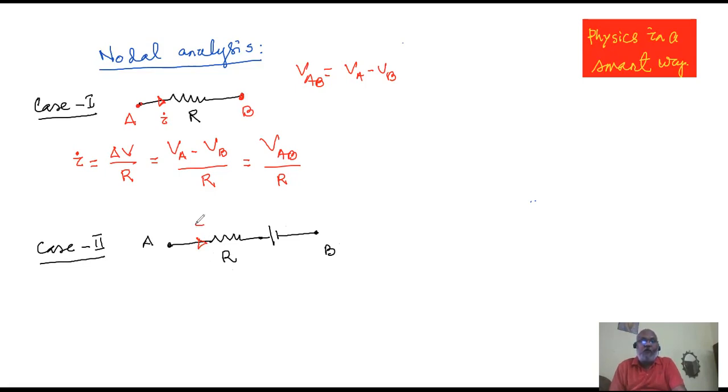Current is flowing from A to B. The battery has an EMF, and the EMF of the battery is E.